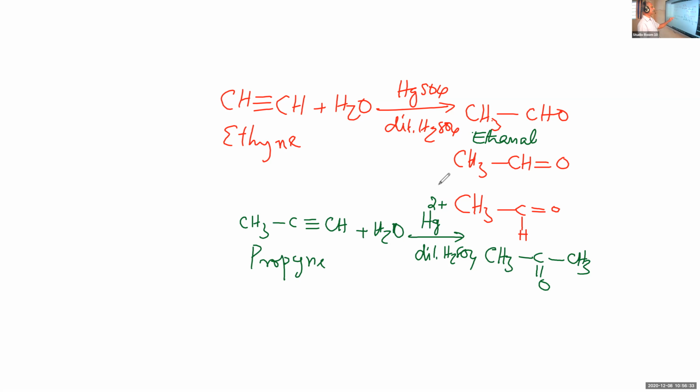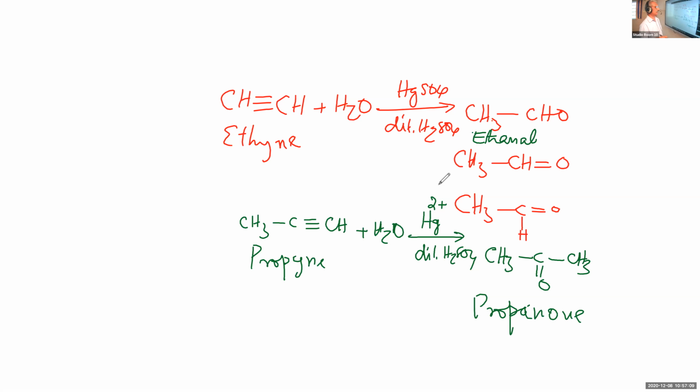Two hydrogens are added to the carbon bearing more number of hydrogens, that is CH. So that CH becomes a CH3. And oxygen goes to the middle carbon and it forms a CO group. This compound is propanone. In the common system, the compound is called acetone.